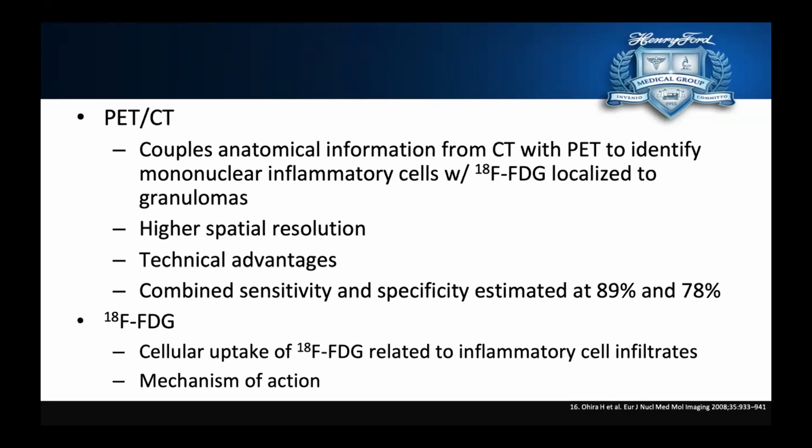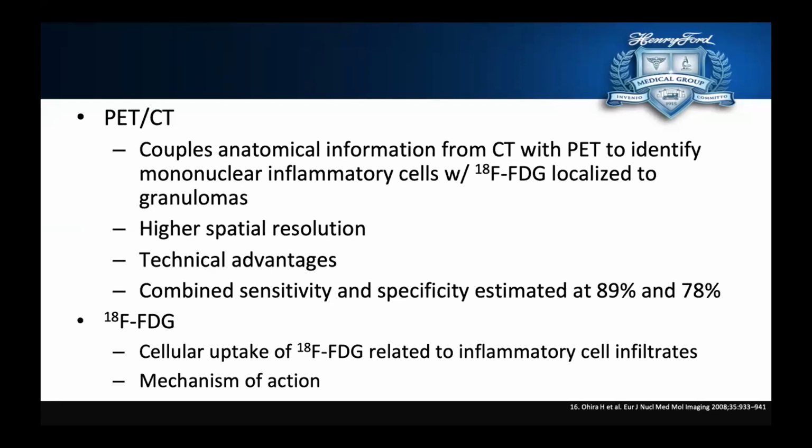So the cellular uptake of FDG in sarcoid is related to the inflammatory cells, as I mentioned. Active inflammatory cells have high glycolytic activity. They're satisfying their large energy demands. They produce a lot of ATP. After crossing the cellular membrane via glucose transporter, both FDG and glucose are phosphorylated via an enzyme.